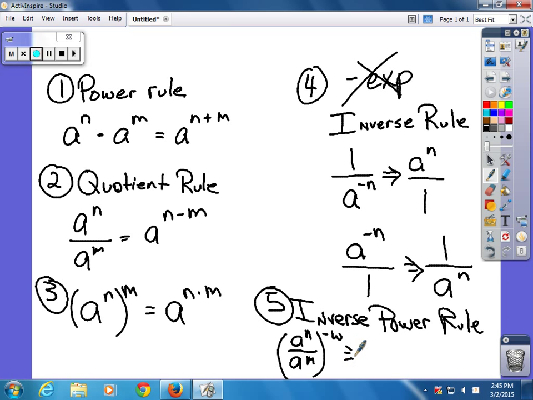Now a lot of people say, well I thought you said that if you flip this, that would be a to the negative m over a to the negative n. No, because this is not the same as this. What's the difference in this and this? This one has the outside exponent. So when you flip these, it doesn't change the sign of these, it changes the sign of the outside exponent.